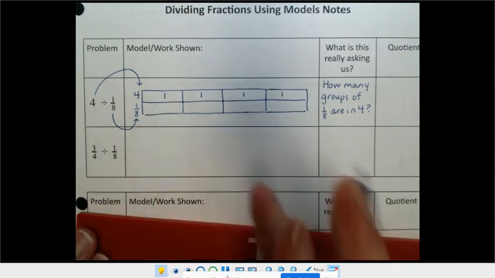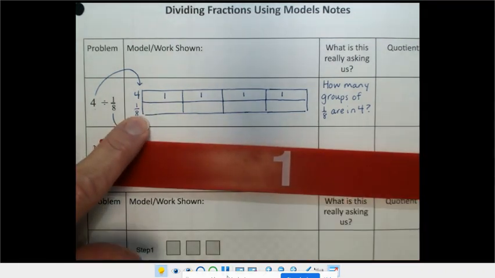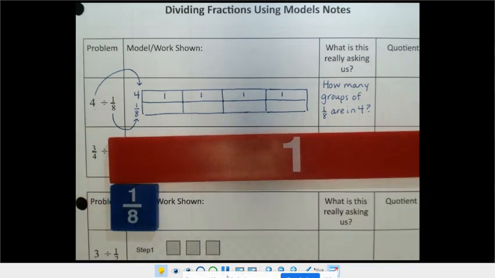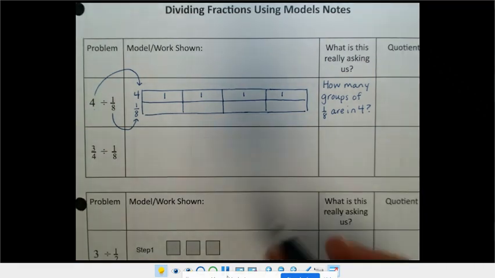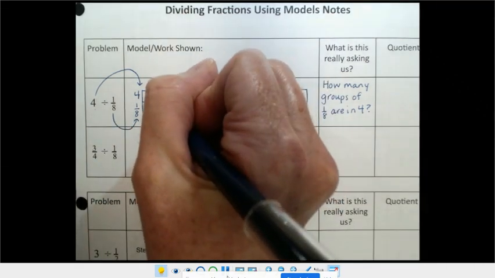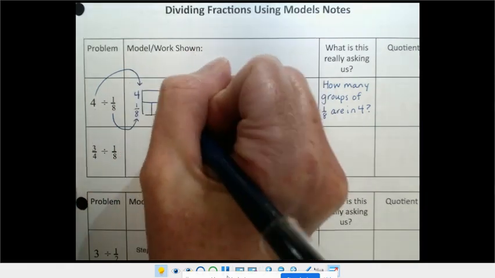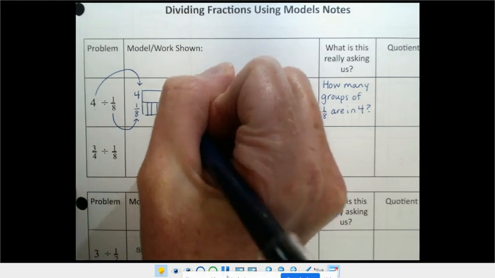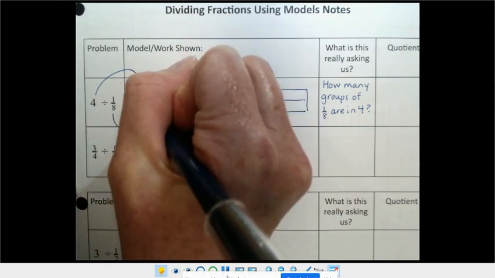Now I have to think about, in one of these red bars, how many eighths go into one of these red bars? Well, there are 8 eighths in one. So each one of these has to have 8 parts in it. So these each stand for 1/8.